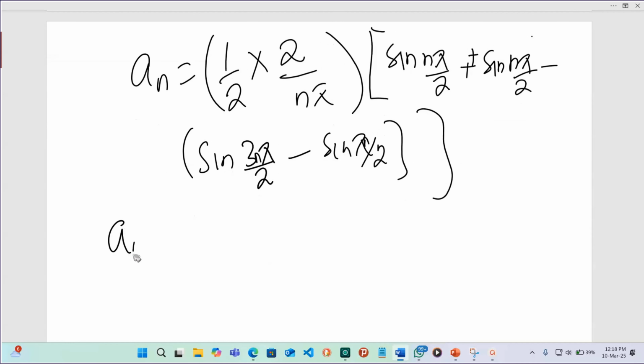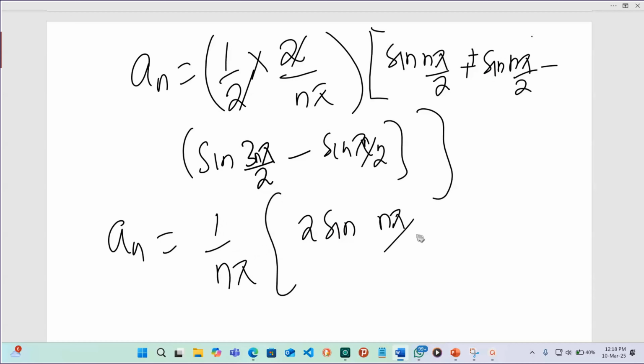So an is going to be this, and that will go. We'll have 1 over n pi. So this becomes 2 sine n pi over 2. Then we are taking away this sine 3 n pi over 2. Then plus sine n pi over 2.